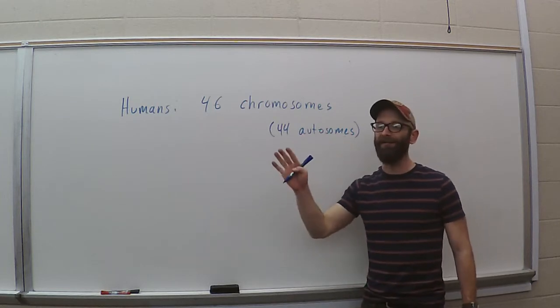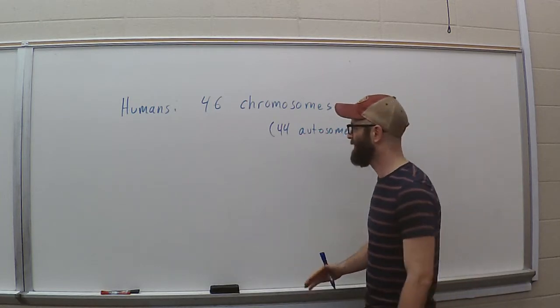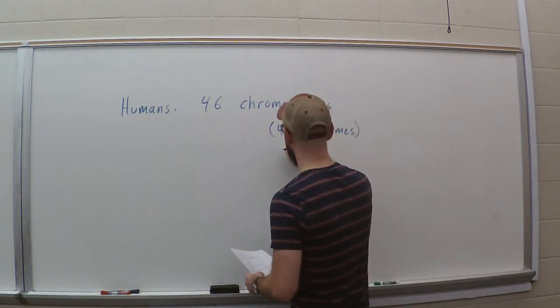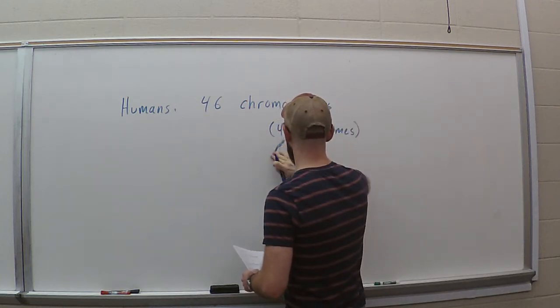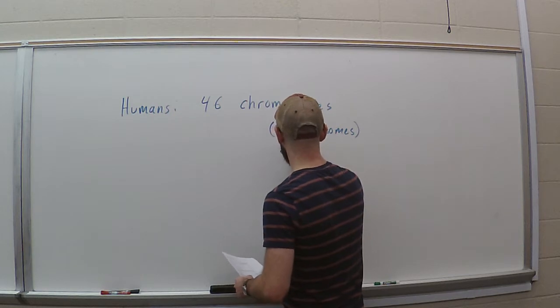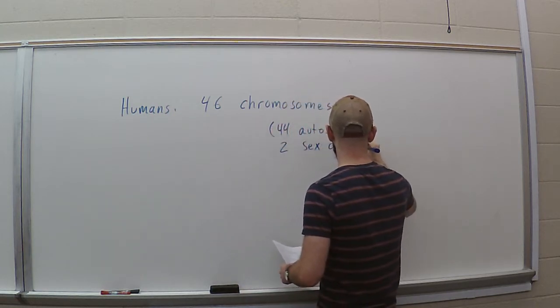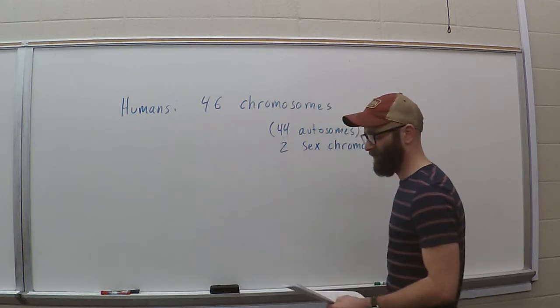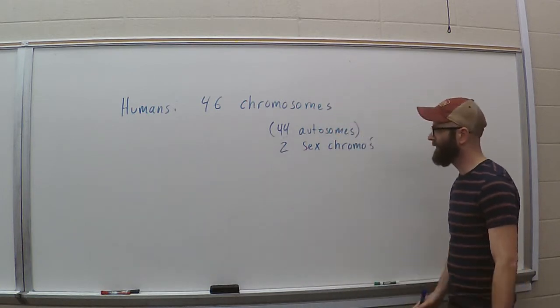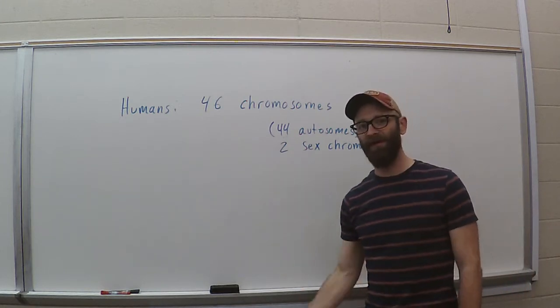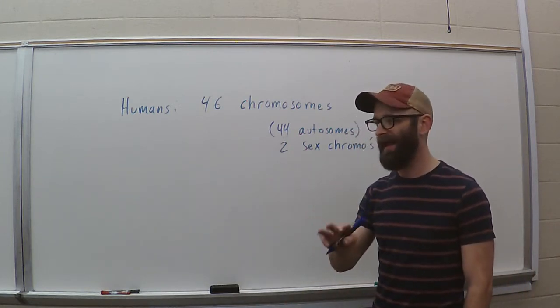Autosomes are just non-sex determining chromosomes. So you've got 44 autosomes and two sex chromosomes. So really, you've only got 23 unique pairs of chromosomes.